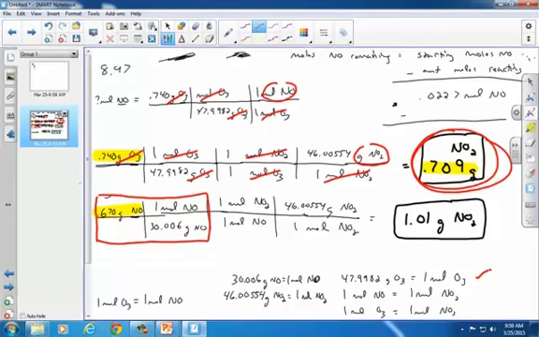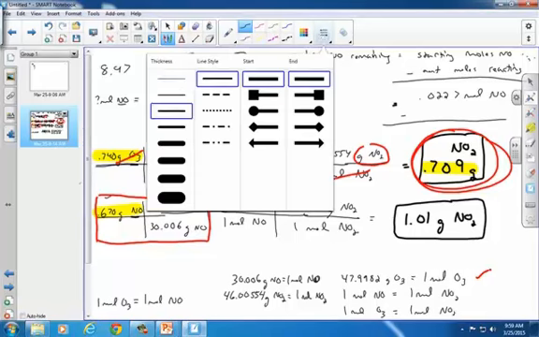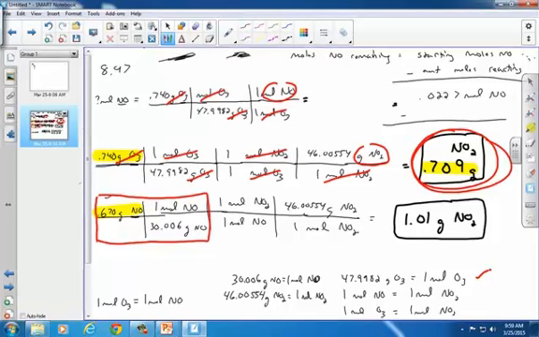I've got the units I want. So it's going to be just 0.740 divided by 47.9982. That gives me 0.0154 moles.